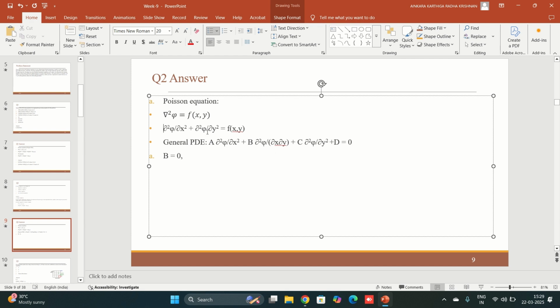So in our equation, A equal to 1, B equal to 0, C equal to 1. We need to identify B square minus 4AC. And what is it giving? B square, B is 0, minus 4 into A into C equal to minus 4. So here it is elliptic.